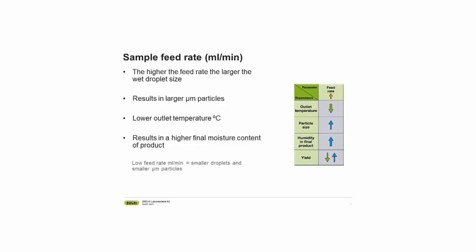That takes more energy to dry, and that directly influences the outlet temperature, which then is lower. The particle size will also get bigger because there are bigger droplets, which will then give bigger particles, but it will also increase the humidity because the spray dryer might not be able to dry this much at any given point.